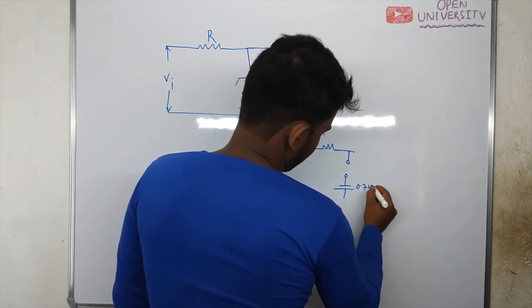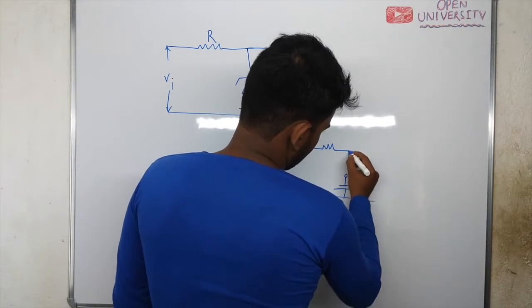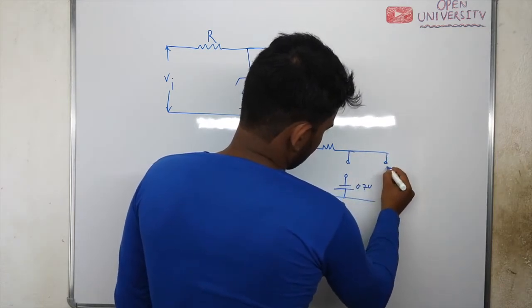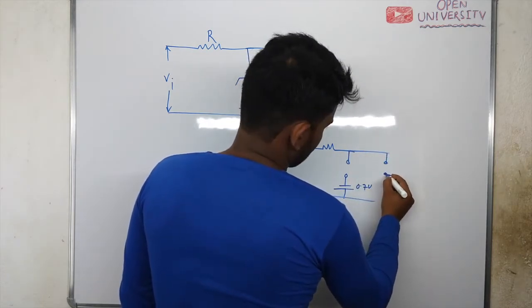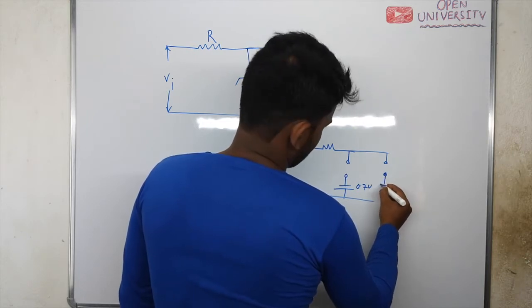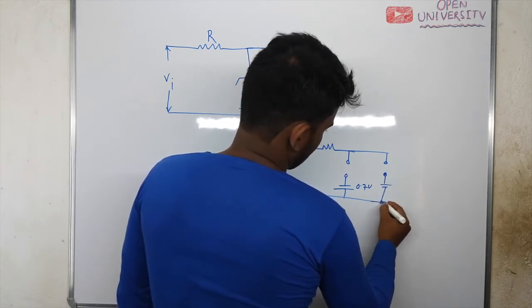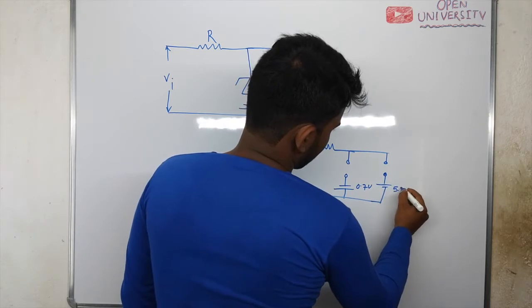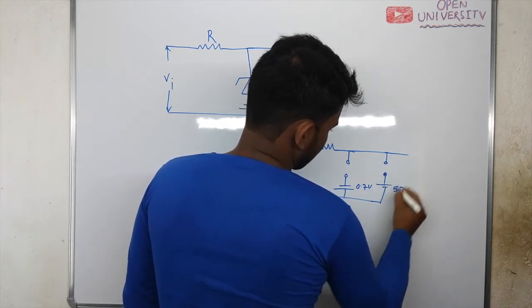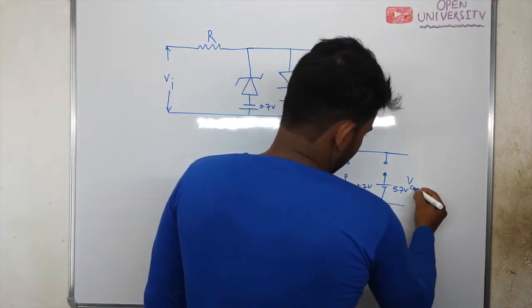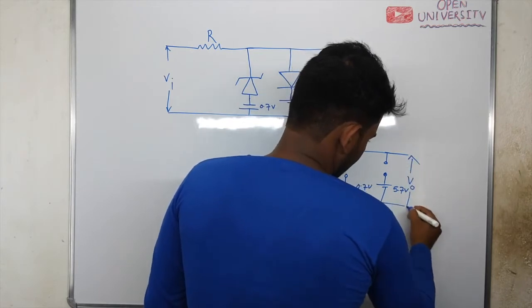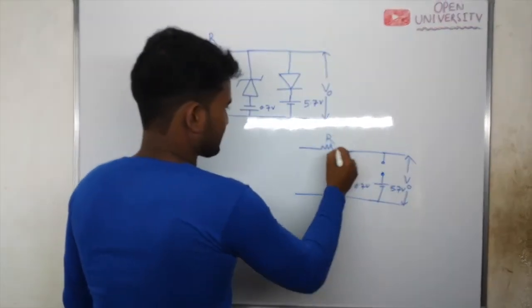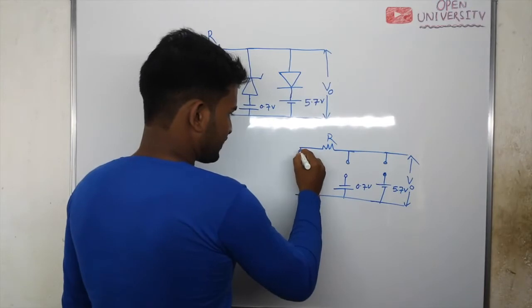This is 0.7 volt, this is 5.7 volt, and this is your output voltage V0. This is resistance R. I am assuming that diodes are off.